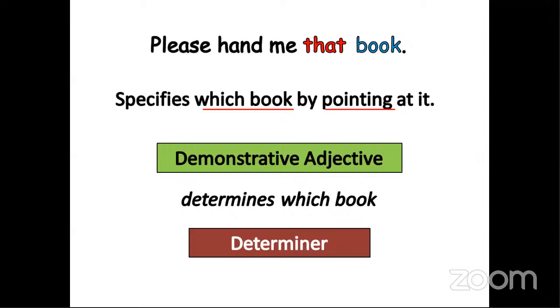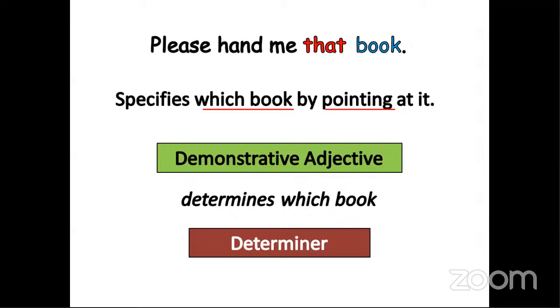You also notice that that is placed just before the noun. Now, just for convenience sake and to help you to understand, I have color coded the nouns in blue color, and all the determiners which I'll be discussing will be of the color red.